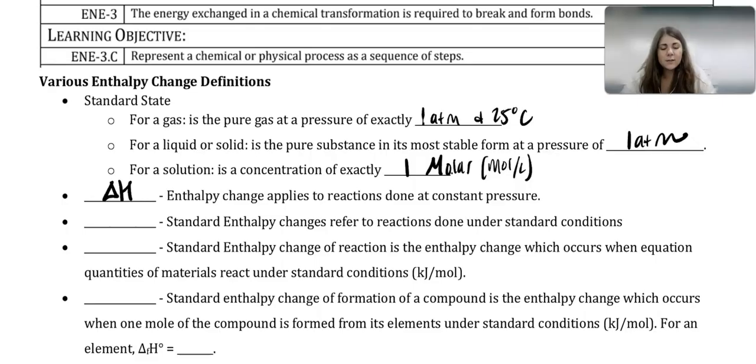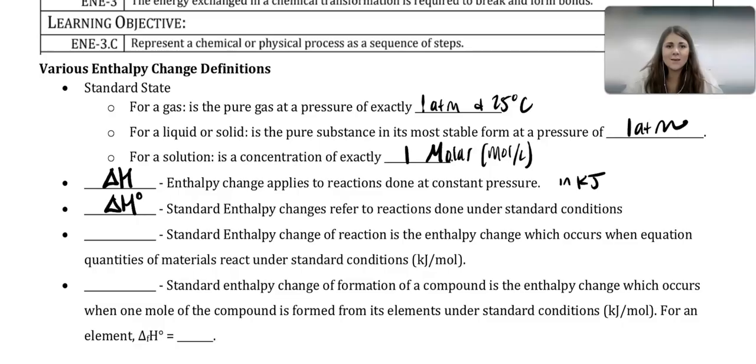So if you ever just see a delta H, we're just talking about an enthalpy change applying to reactions done at constant pressure. So this will be in kilojoules. If you ever see a standard enthalpy change, we're talking about the same thing above, but we'll have the naught, indicating standard conditions, okay?